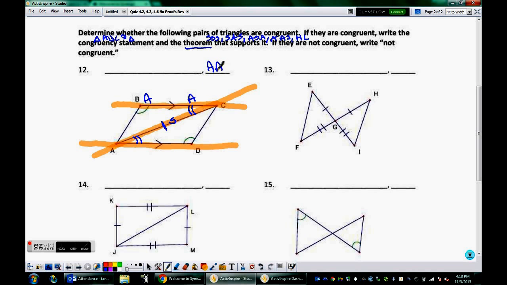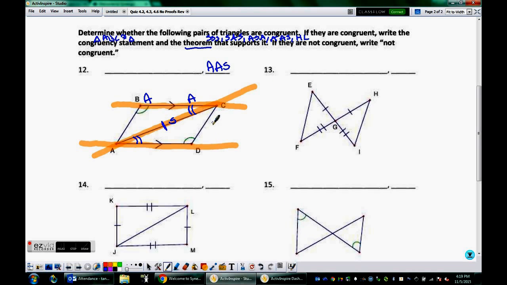So remember, when you've got parallel lines, that is usually where you have alternate interior angles. Shared side, you need to also mark congruent. Some of the other items from that list we did in the notes last time. Vertical angles, which you'll notice is going to occur in 13 and 15 here.